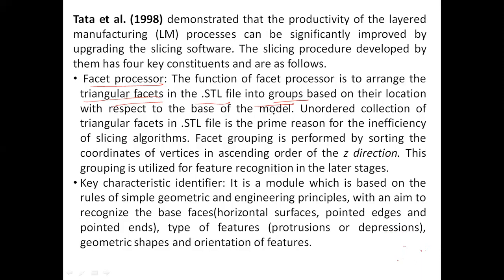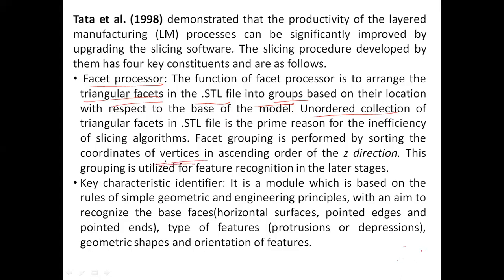The arrangement was actually an unordered structure, because every relative position was stored in a form, but an unordered collection was done. So in order to remove that unordered collection, sorting of the coordinates of the vertices was done.